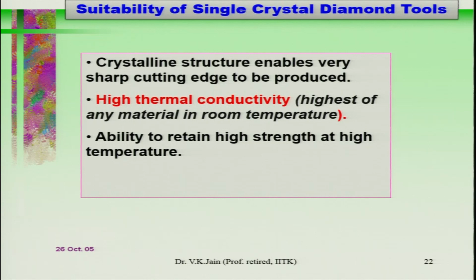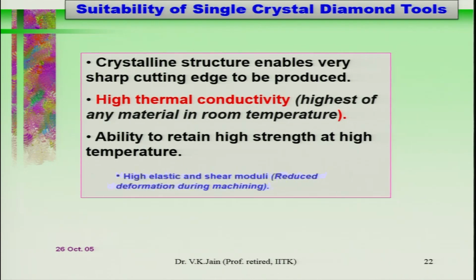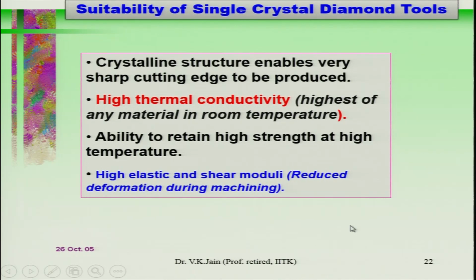Ability to retain high strength at high temperature, because most of the materials get softened at very high temperature, but diamond does not matter much if the temperature is high, it is able to retain its hardness, and it has high elastic and shear moduli, reduced deformation during machining, because large force is acting on the diamond tool. So, it should not deform elastically or plastically, otherwise the characteristics of the machined surface will change.